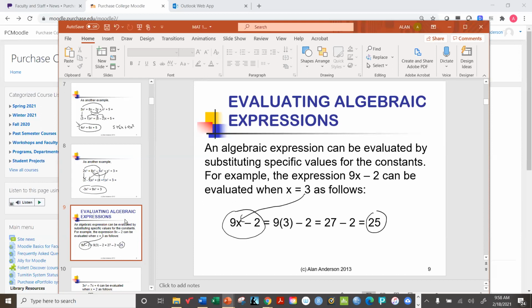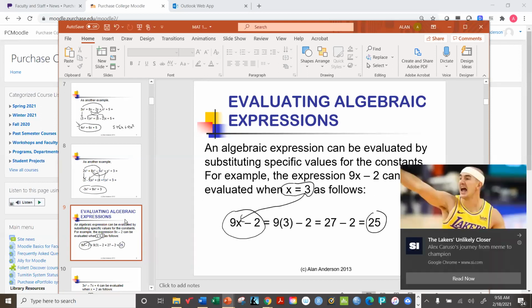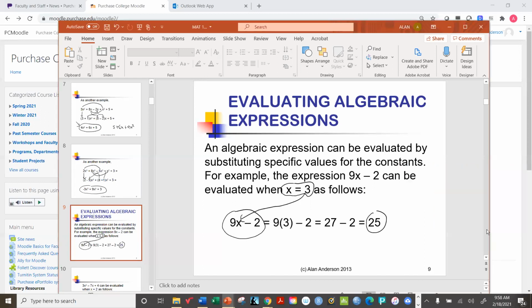So what you've done is you've taken an algebraic expression and turned it into a constant by choosing a specific value for x. That's what we mean by evaluating. It's straightforward in the sense that all you're doing is replacing all the x's with a constant and solving for it.